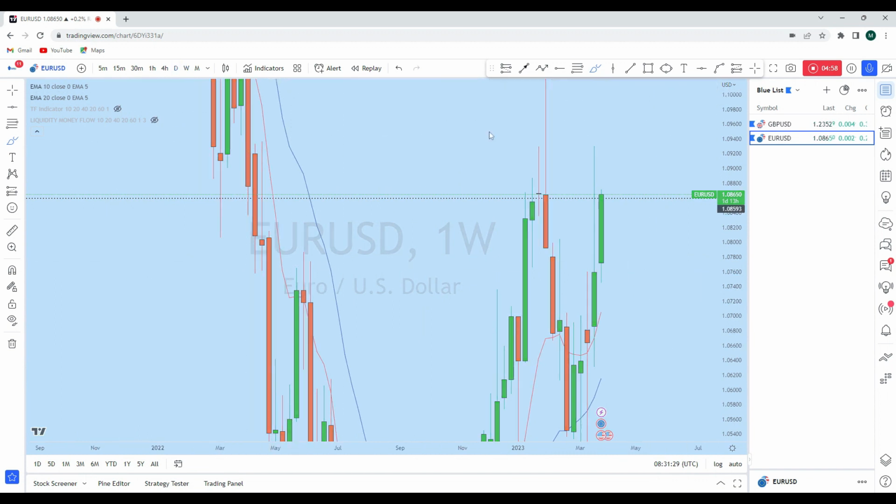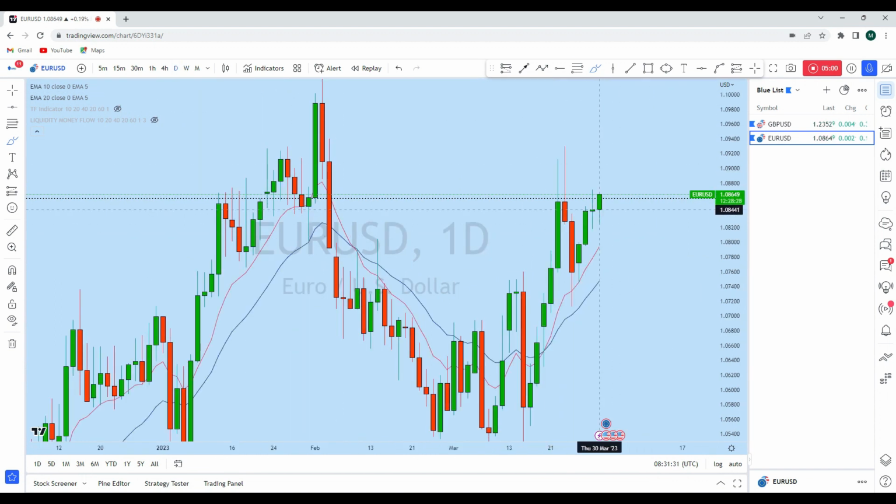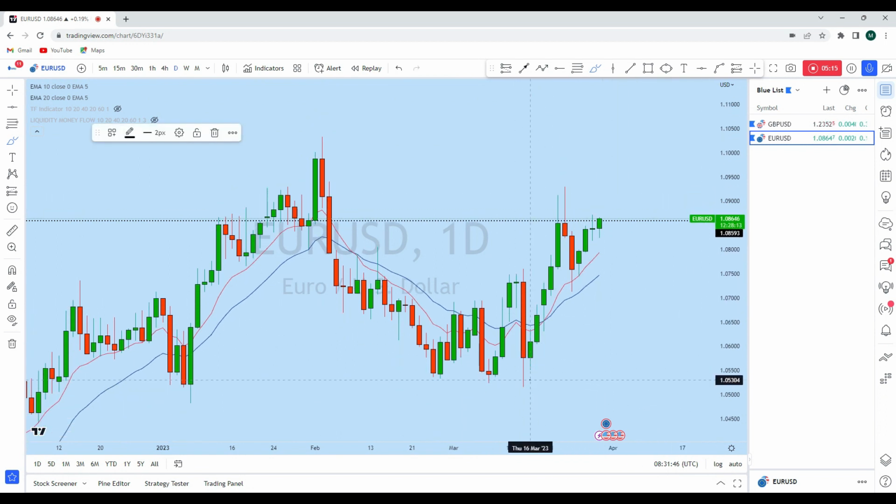You have seen that. Now if I look at the daily, the previous day there was a doji. Today the price retraced up to 50% of this daily doji, and again rejected to the upside. On this daily market we have also seen a triple bottom at this support level.